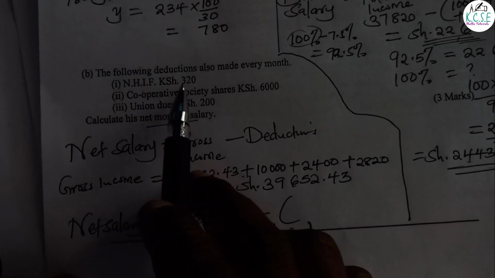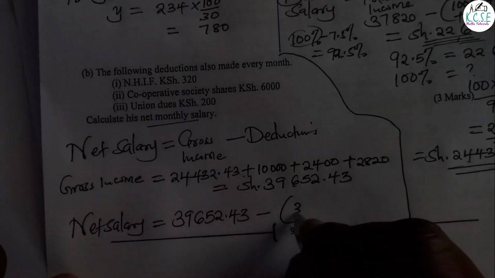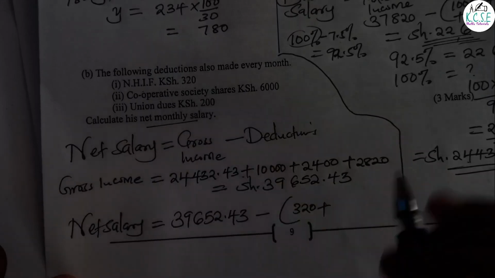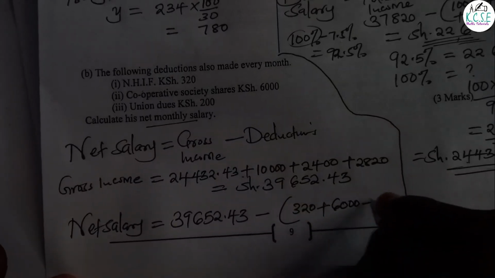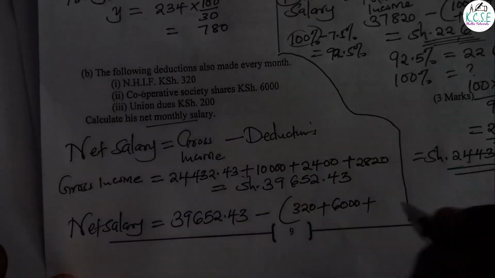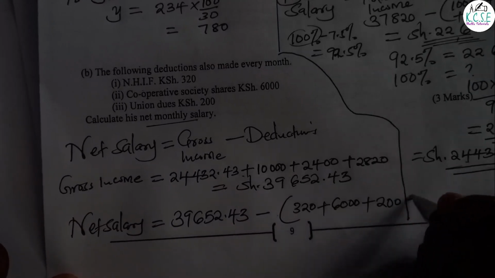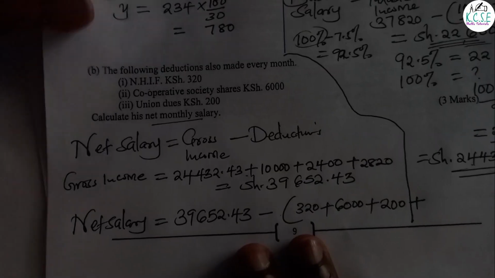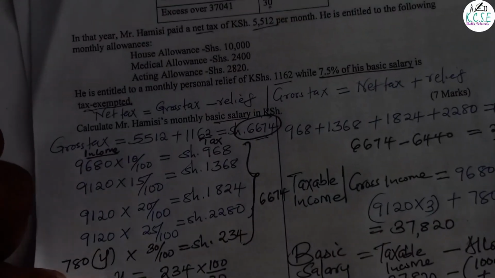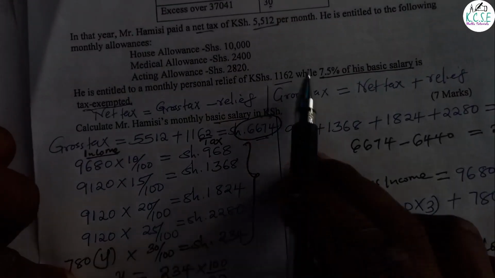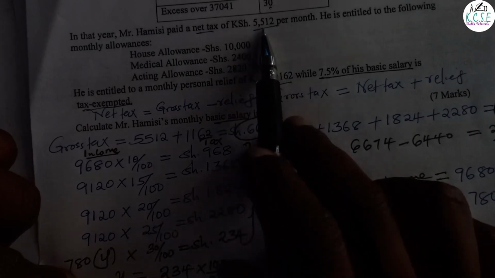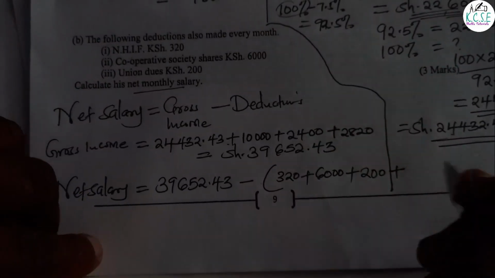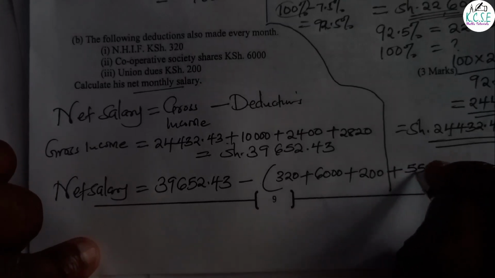First is NHIF, which is 320, plus cooperative shares, which is 6,000, plus union dues, which is 200. Then plus, don't forget, the net tax. That one is also a deduction. Net tax is 5512.